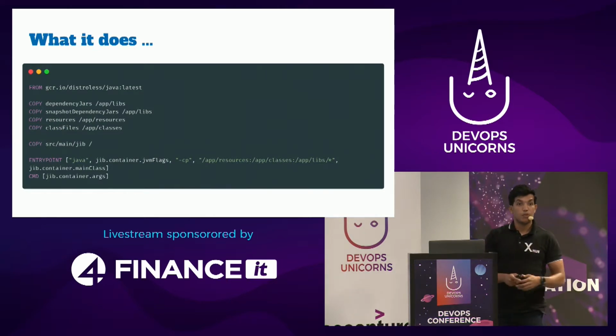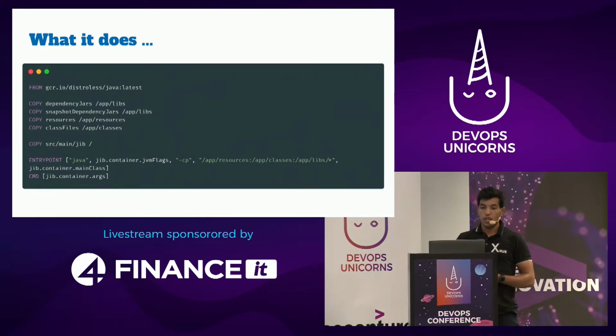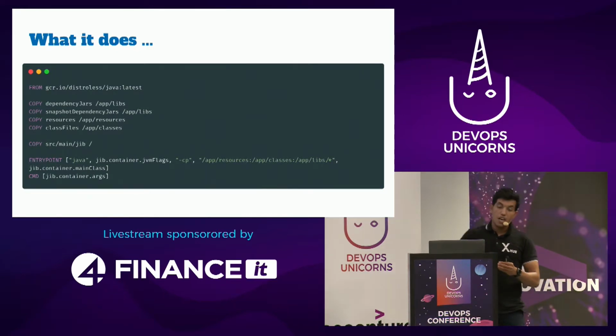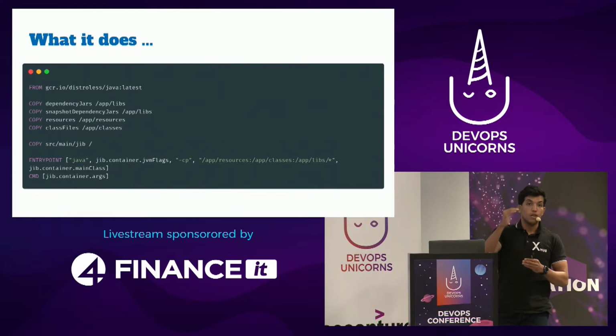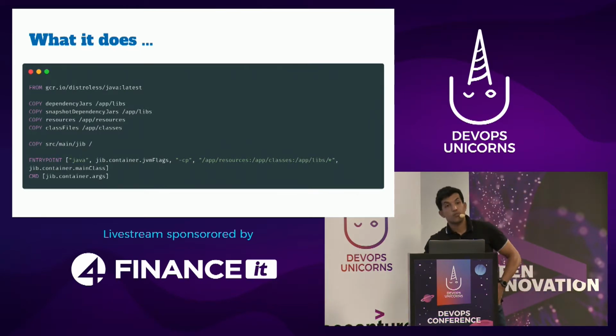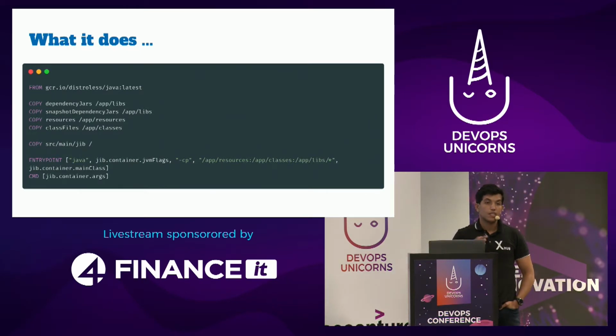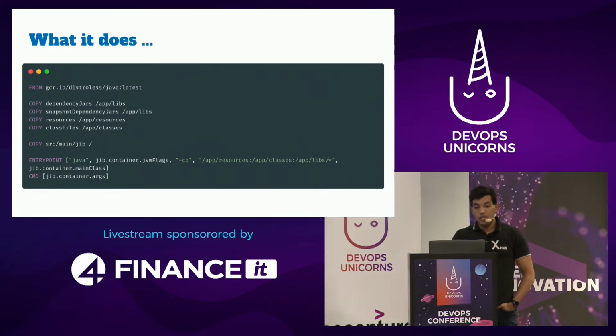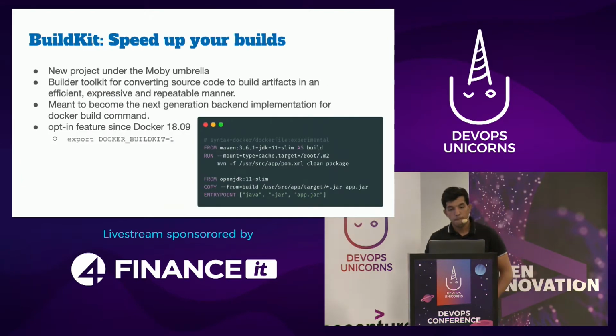Jib understands our application, separates it into multiple layers, putting the files that are more likely to change on the top and the files that are less likely to change on the bottom. That ensures reproducibility, since if our code does not change, the generated image will be the same, and helps to speed up the build process, especially incremental builds.